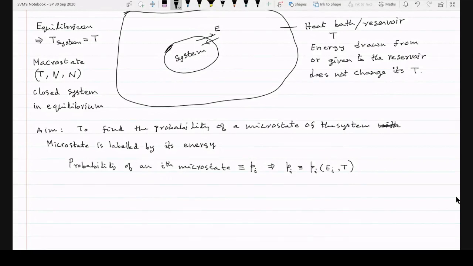But in order to understand what this probability is, we will have to use the knowledge that we have already obtained. Now, the system is not an isolated system, but suppose you consider a composite system of system and bath.